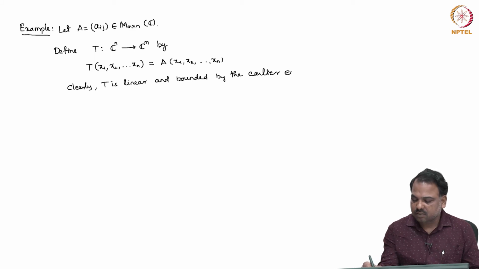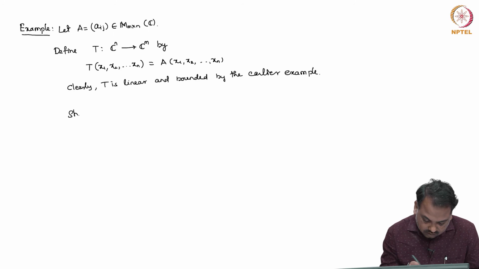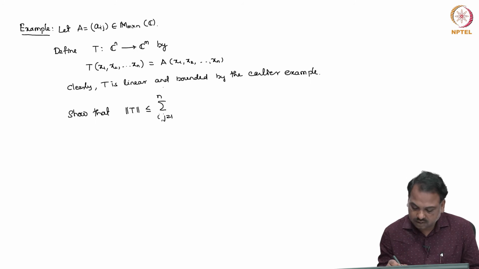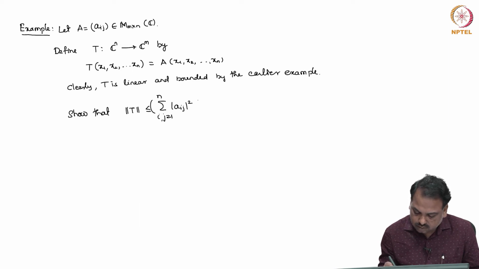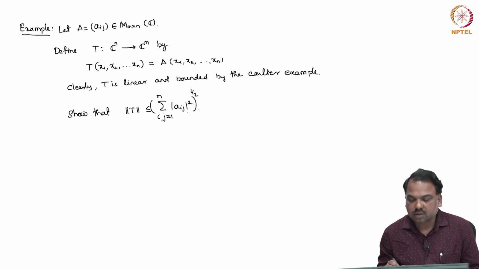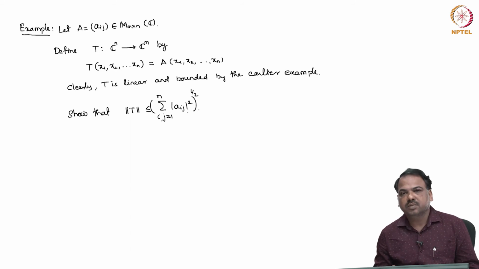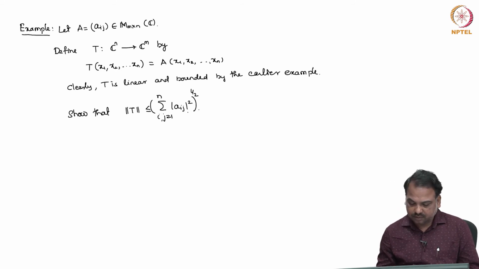Now the important thing to show is that norm of T is less than or equal to the square root of the summation i, j equal to 1 to n of mod a_ij square. So norm of T is bounded by this fixed quantity which depends on the entries of the matrix.